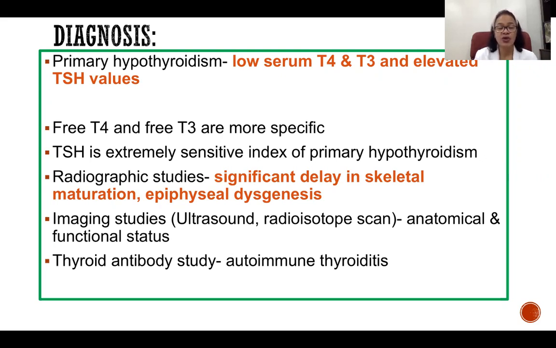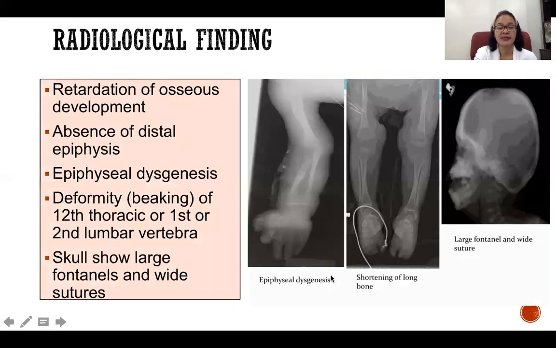And then when you do your x-rays, there is a significant delay in the skeletal maturation, and there is a dysgenesis of the epiphyseal area. You can also do some imaging studies, also a thyroid antibody study, no, if you are entertaining autoimmune thyroiditis.